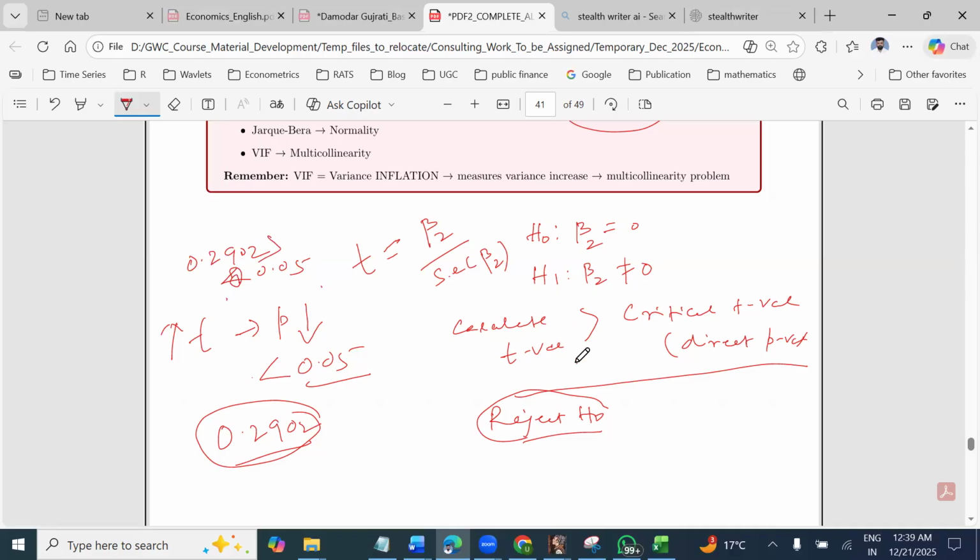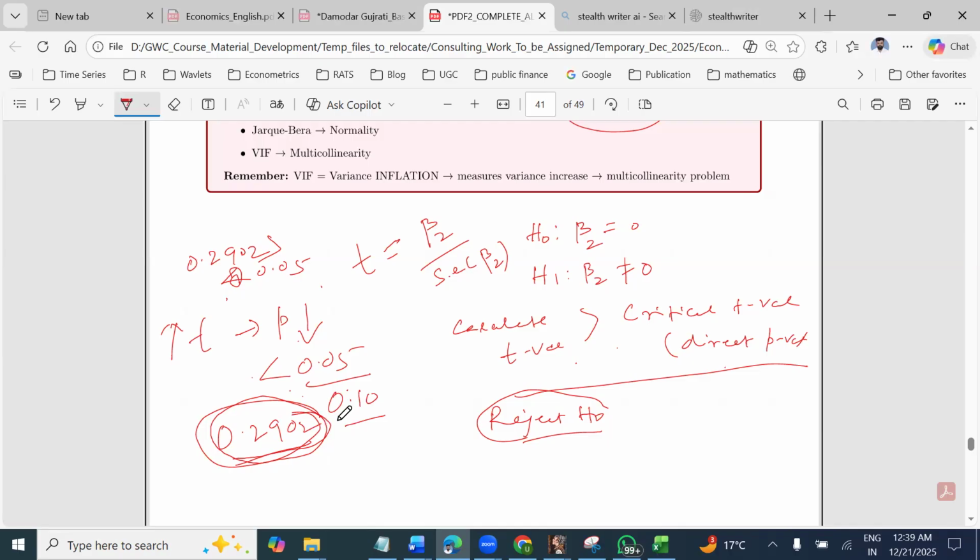The calculated t value should be greater than the critical t value, which means your p value should be less than 0.05. But you got a p-value of 0.2902, which is much greater than even alpha 0.10.